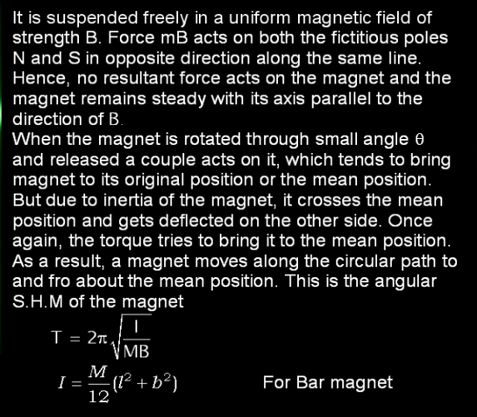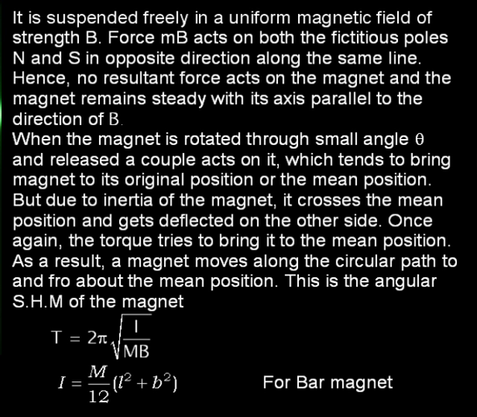But due to inertia of the magnet, it crosses the mean position and gets deflected on the other side. Once again, the torque tries to bring it to the mean position. As a result, the magnet moves along a circular path to and fro about the mean position. This is the angular SHM of the magnet.